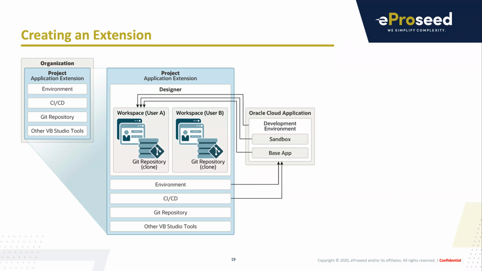And once you're done with developing it, you would typically use the continuous integration stuff in Visual Builder Studio to then make your extension available to your SaaS application.